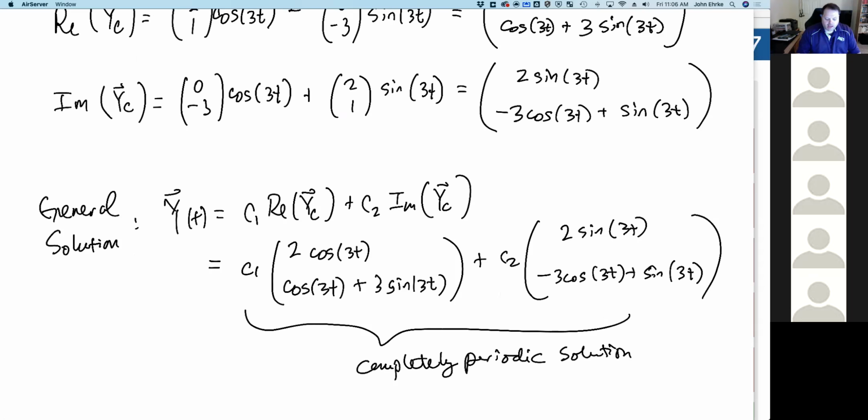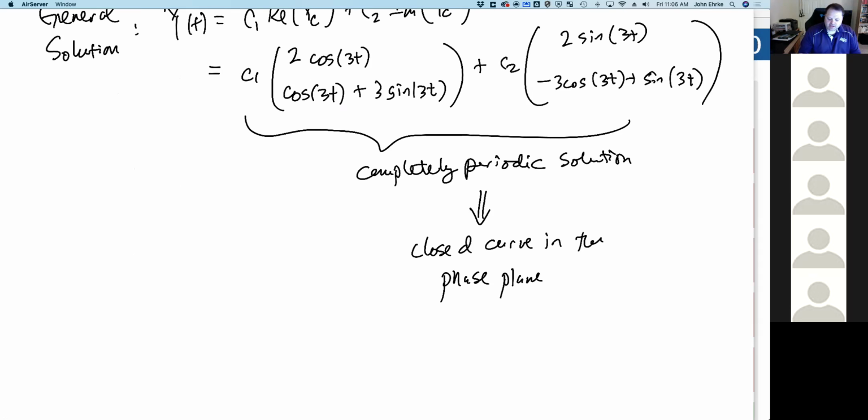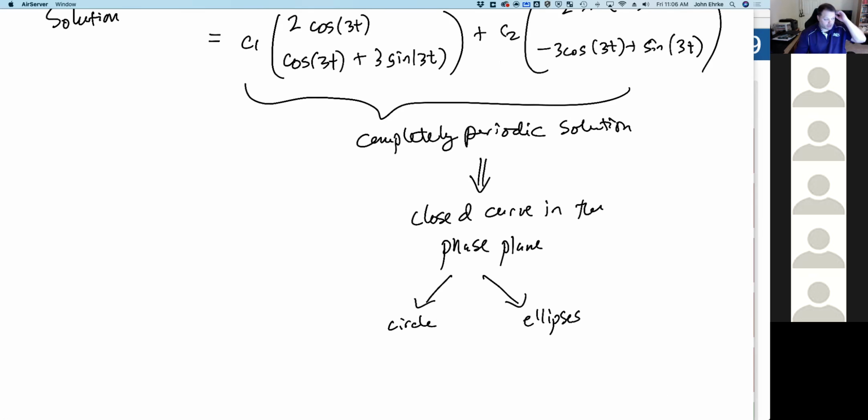And if you have a periodic solution to a system, that automatically initiates a closed curve in the phase plane. Now, that closed curve doesn't have to be a circle. You can get circles, but you most of the time will get ellipses. So you can get a circle or you can get an ellipse, and the center of the circle and the center of the ellipse turn out to be the origin because that's where your critical point is. That's the point that you're kind of orbiting.